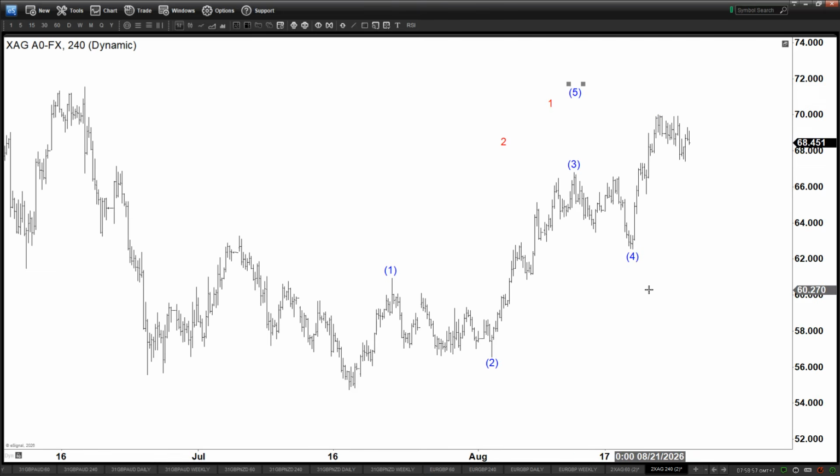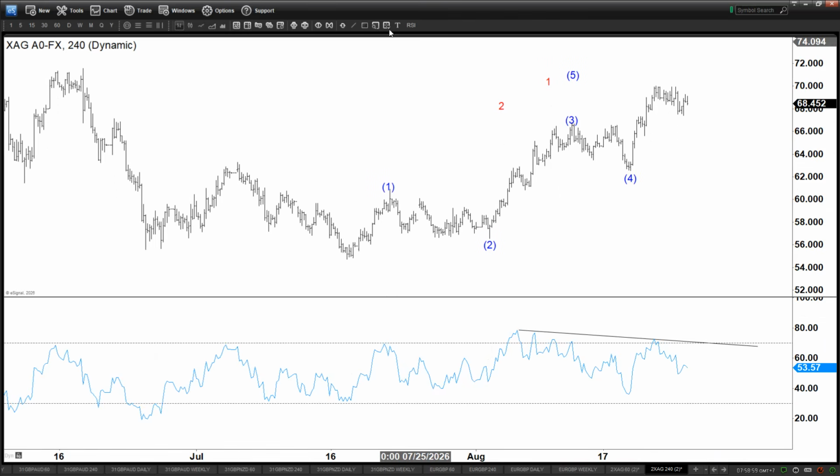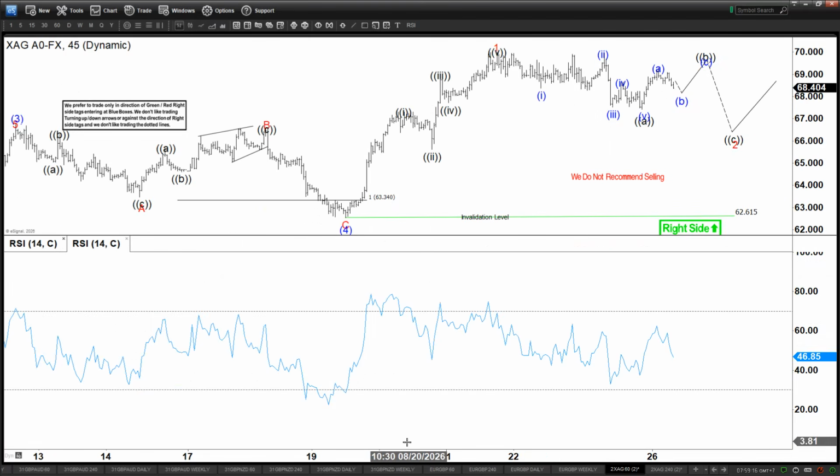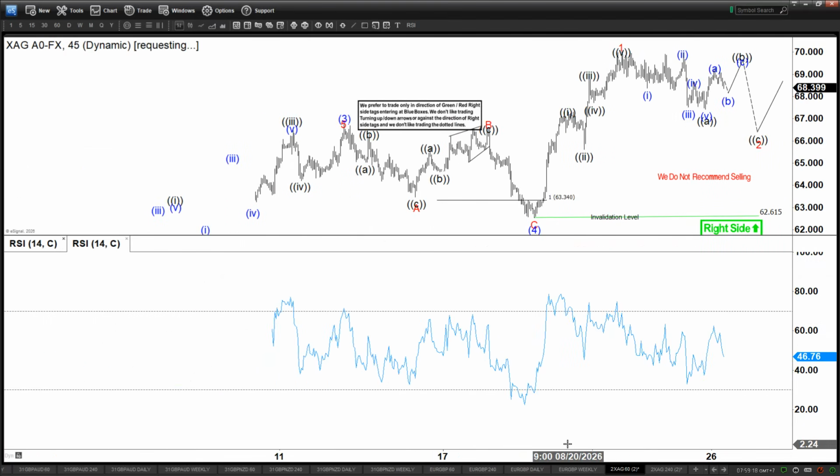However, at any point in time, if we continue to go higher strongly and this continues to extend and break above this peak, that means the momentum starts showing no signs of divergence, right?